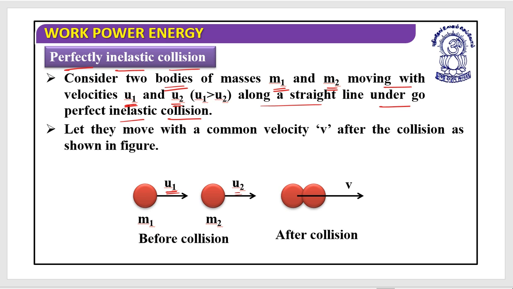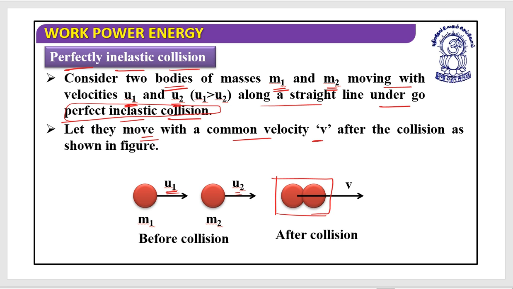In a perfectly inelastic collision, as we have already discussed in previous sessions, after collision they behave as a combined body. They will be attached to each other and move as a combined body. So let's understand they move with a common velocity v after the collision, as shown in the figure.